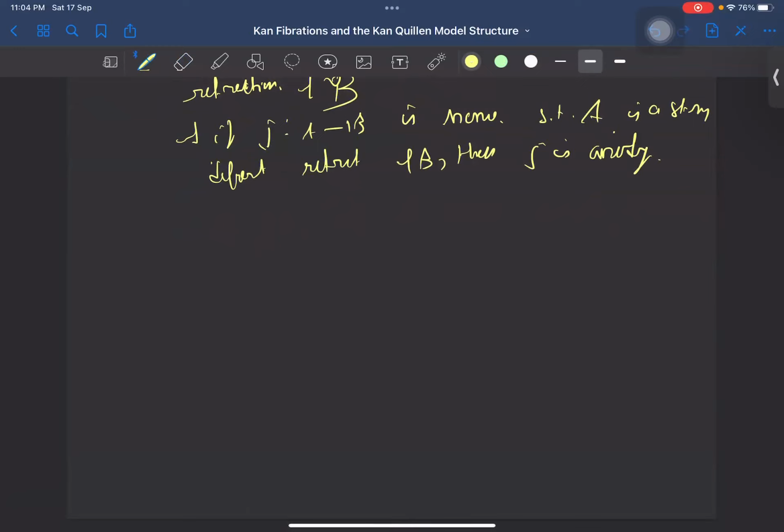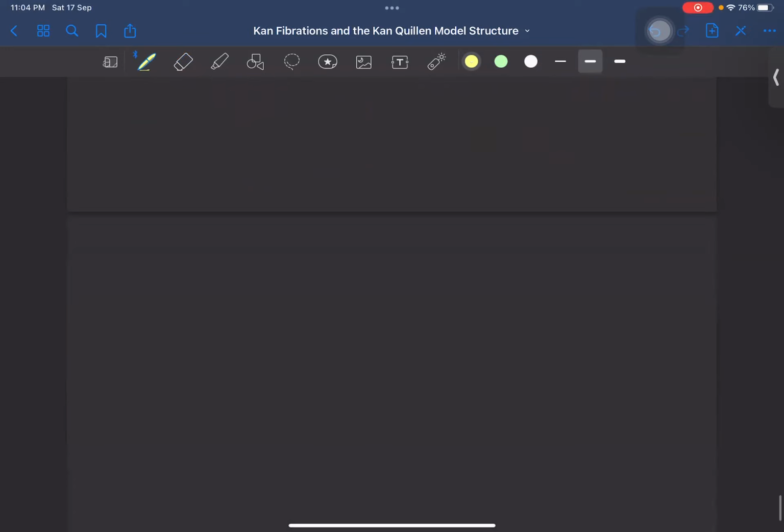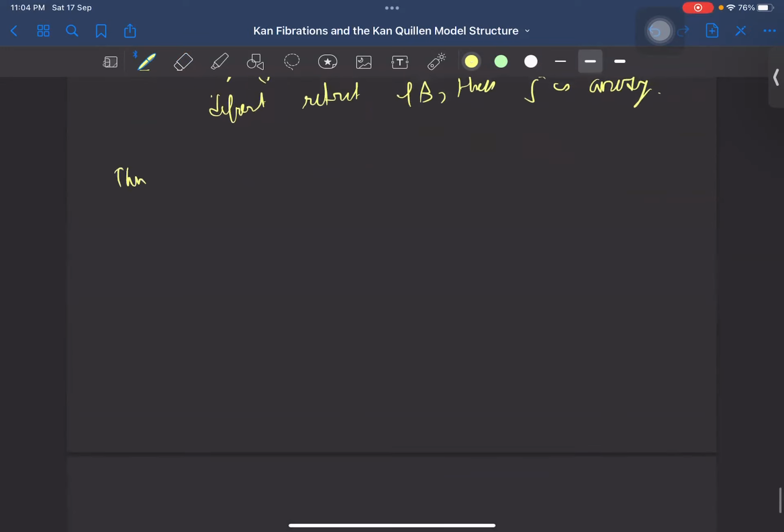So now, let me go on with this theorem again. I want to give a proof.